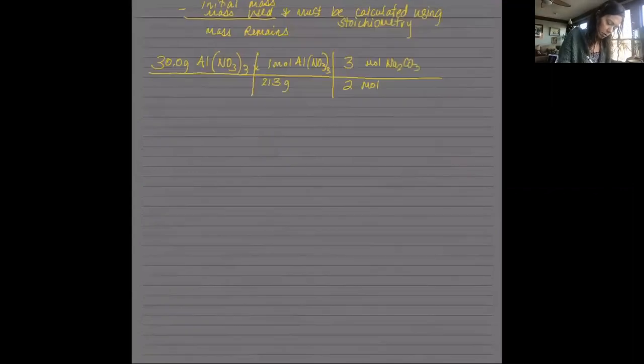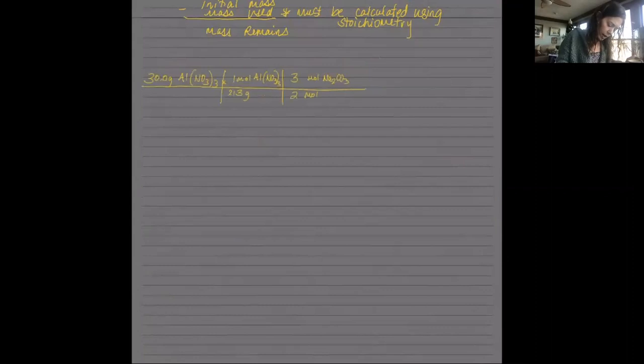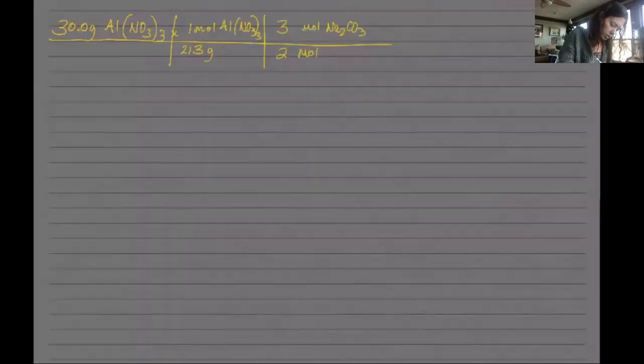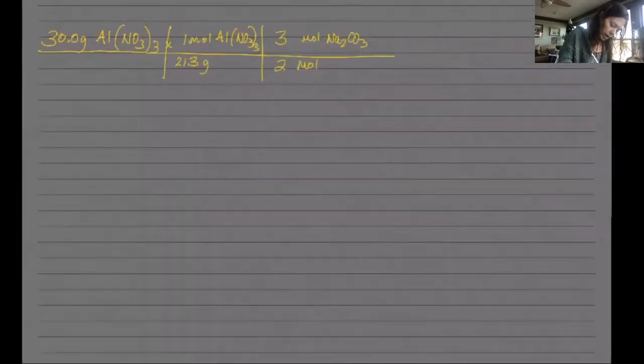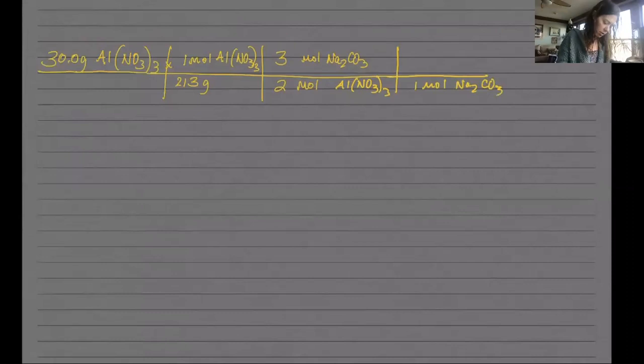This was aluminum nitrate. We now need to convert the moles of sodium carbonate to grams. If you look up, we've already calculated the molar mass of sodium carbonate.